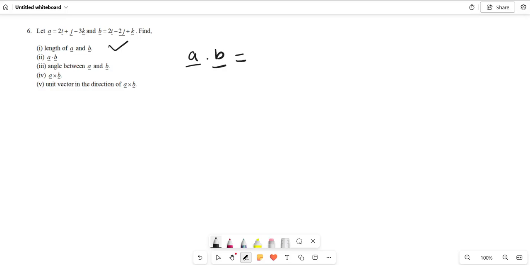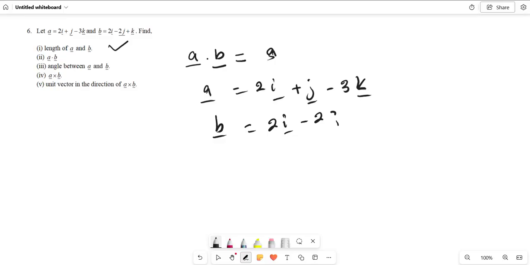So now A, you can see, I will put A again here, 2i plus j minus 3k, and B is 2i minus 2j plus k, right?